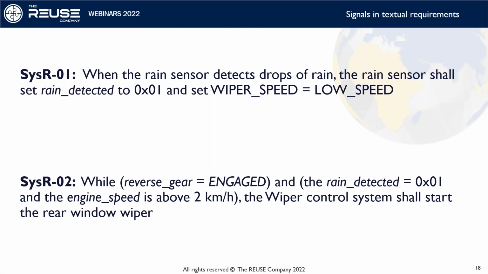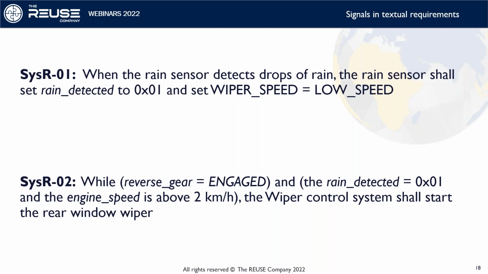And before we go into the demo, the idea is that those signals can be involved in your requirements in plenty of different ways. Here you can find two different requirements. When the rain sensor detects drops of rain, the rain sensor shall set rain detected to 0.01 and set wiper speed to lower speed, for instance.